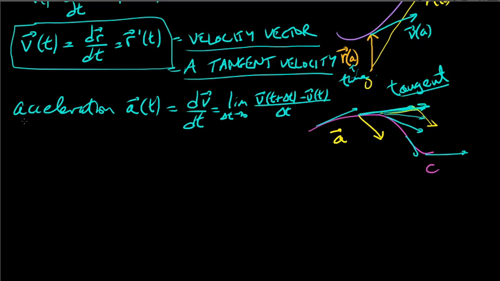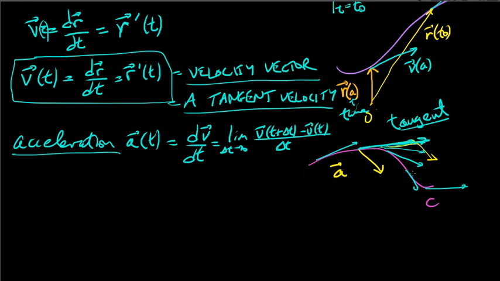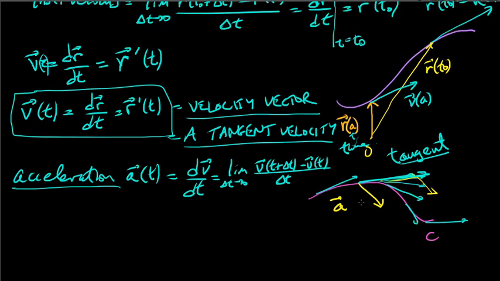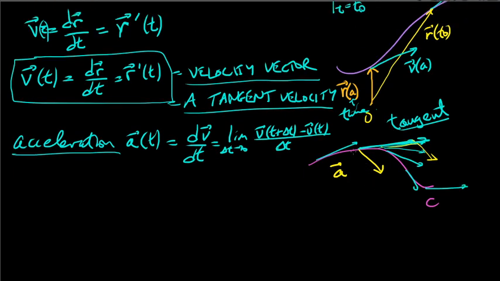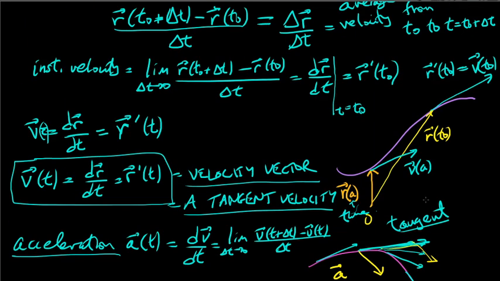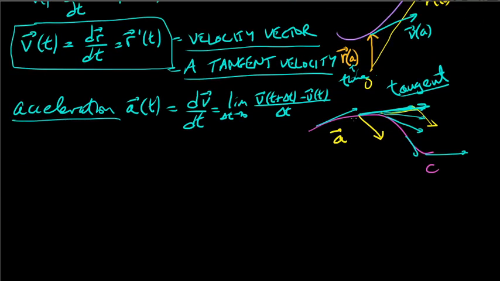Okay. So that's the acceleration, and of course it's also a vector. It has a position, it has a length, a norm, a magnitude, and a direction. Or of course you can think of the acceleration as the second derivative of the position, or r double prime of t.